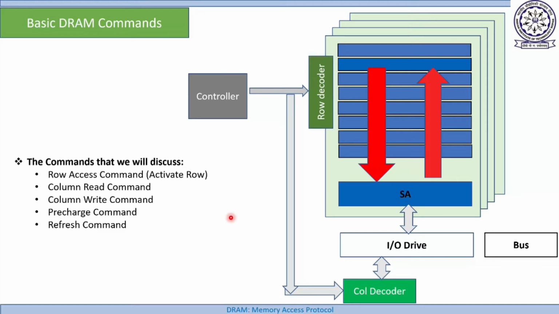What do you think? How is refresh performed in DRAM? Okay, so the answer is, to refresh each row, you just have to apply the activate row command. If you activate a row, then the content of this row will be available here in the sense amplifier, and then, as I said, automatically after some time this data will be charged again into the bitline and all the cells in the row.